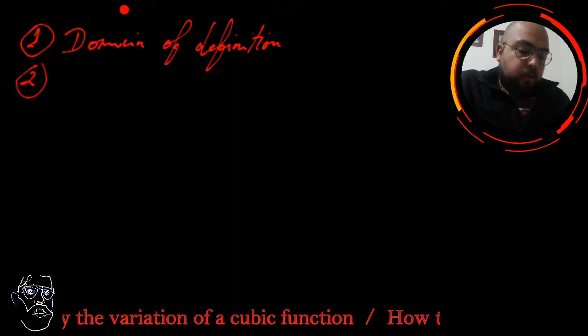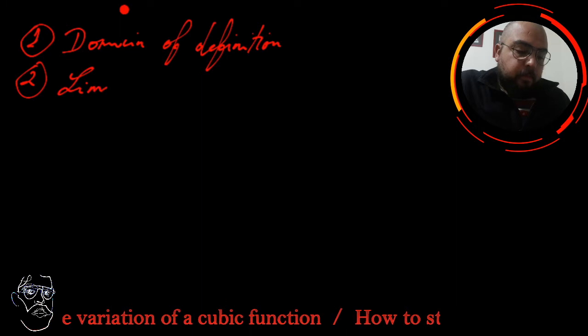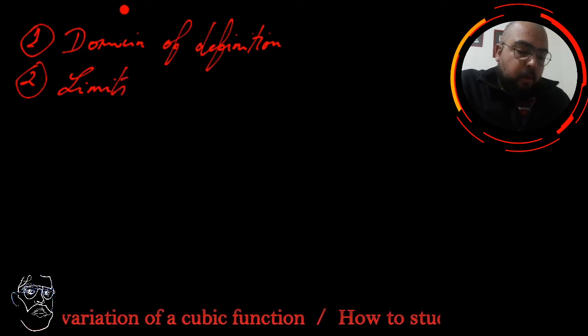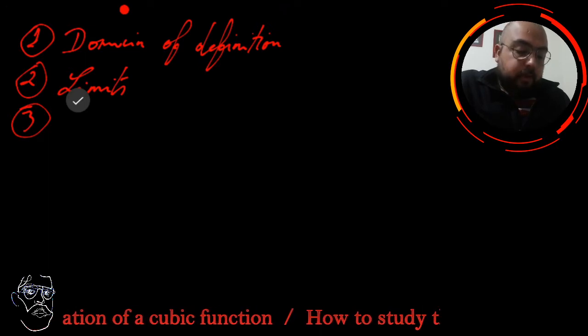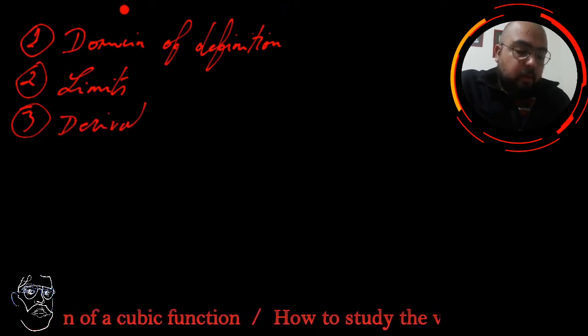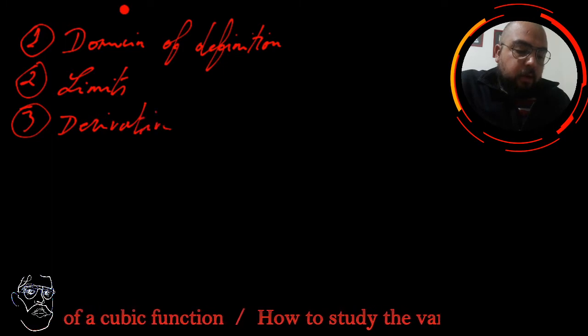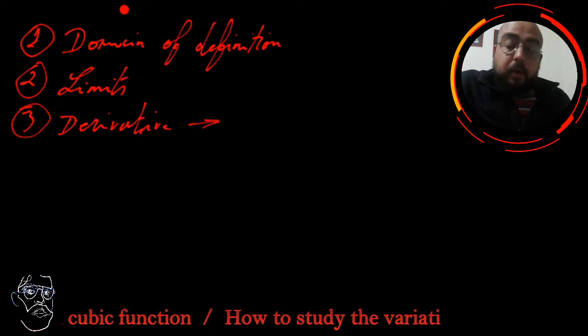So the second point is limits. The third step is to calculate the derivative. Once you have calculated the derivative, you can directly go to the table of variation.